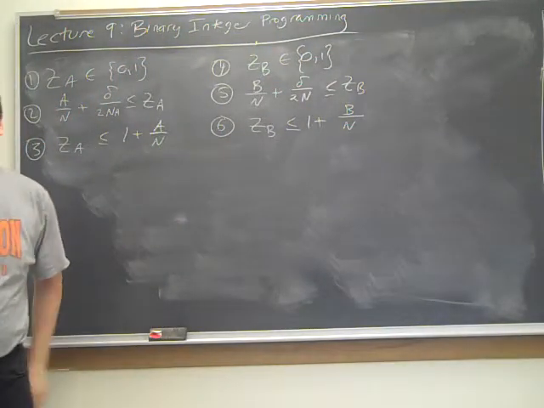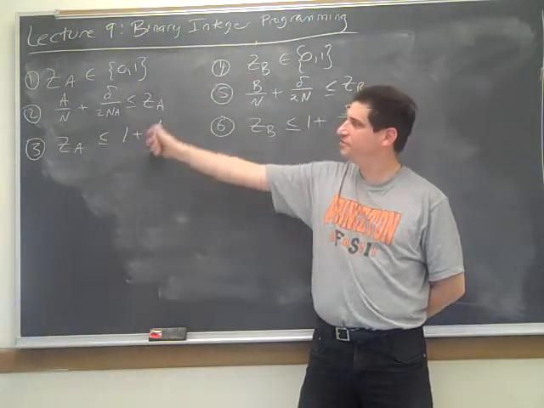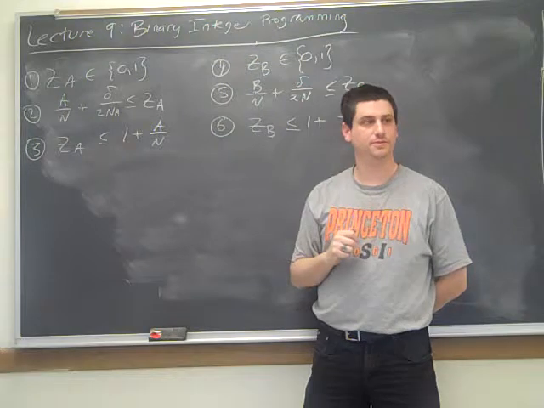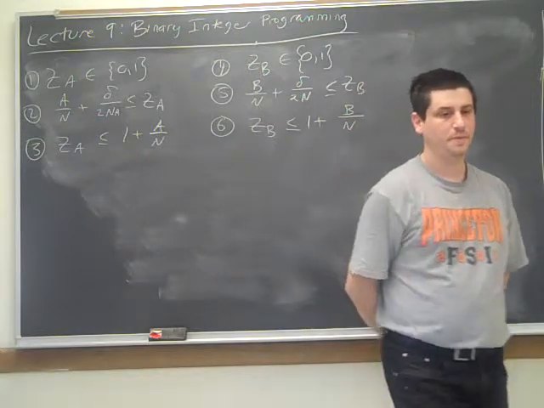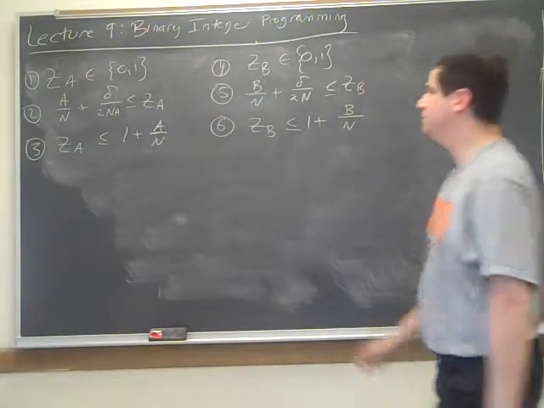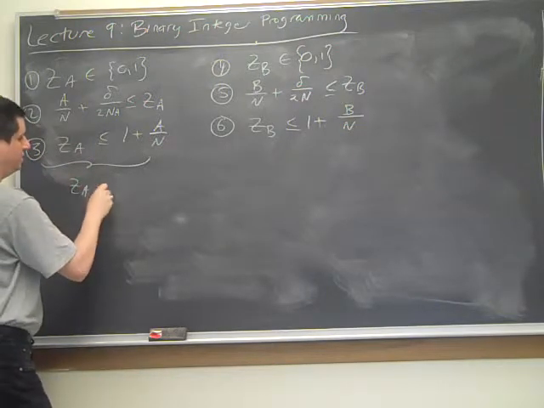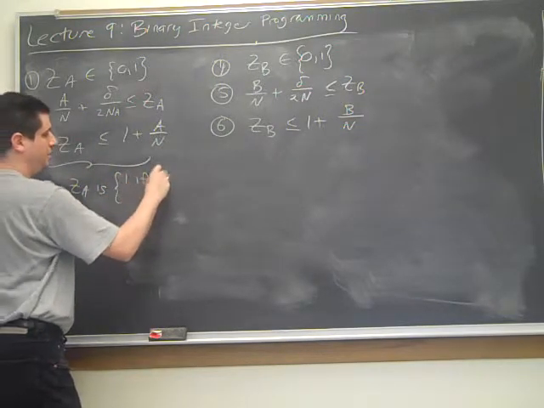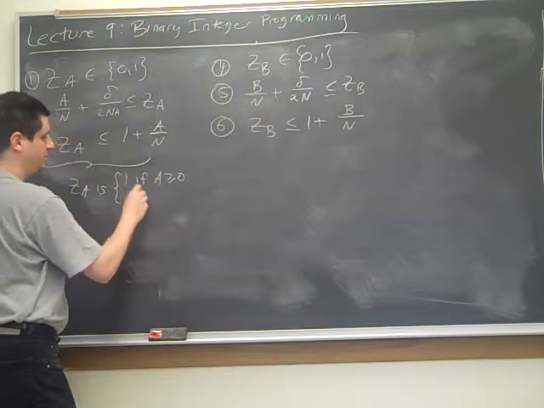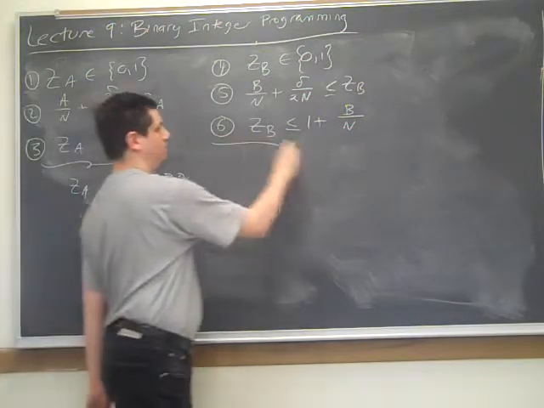Okay, resuming, we now have these 6 conditions on the board. What do these first 3 conditions do? They can tell you whether a number is bigger than A or not. Good. So these, ZA is 1 if A is greater than or equal to 0, 0 if A is less than 0.